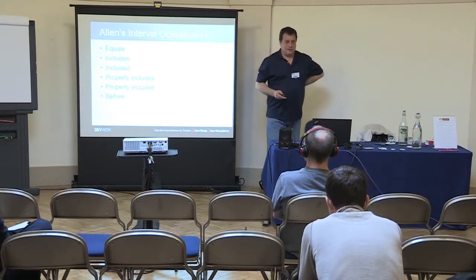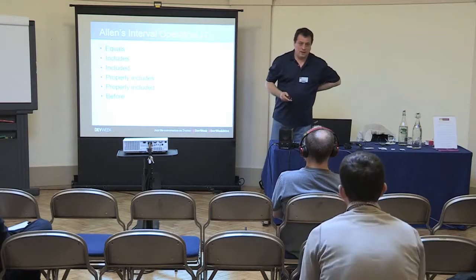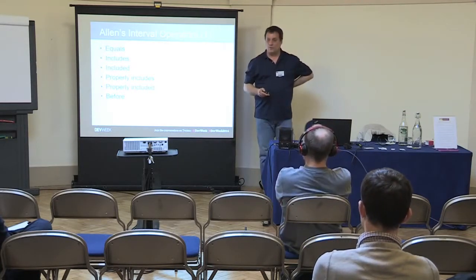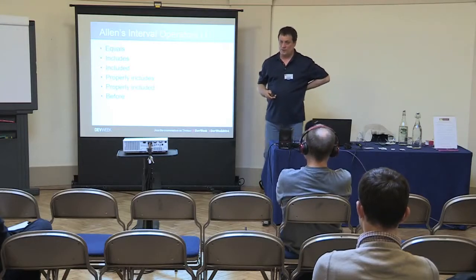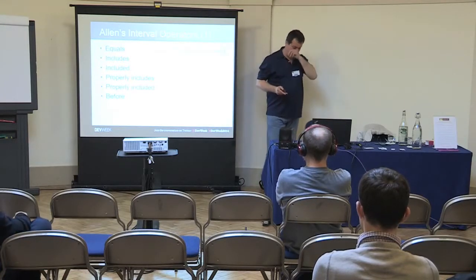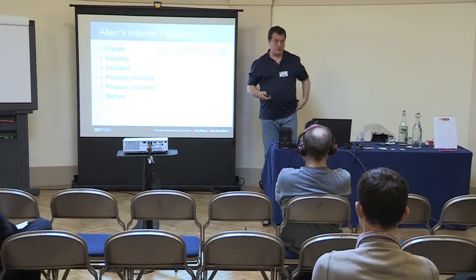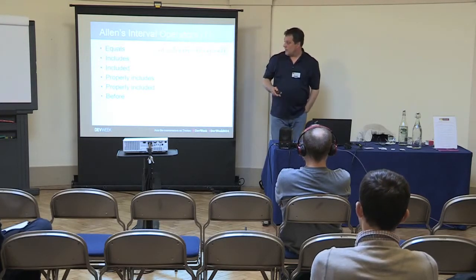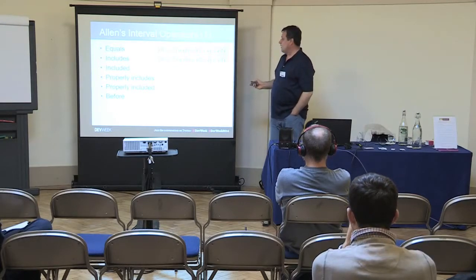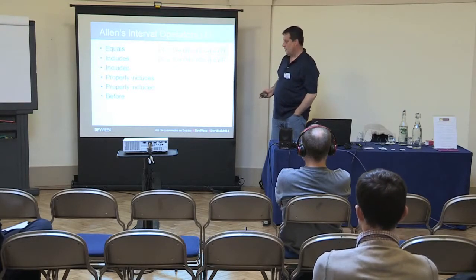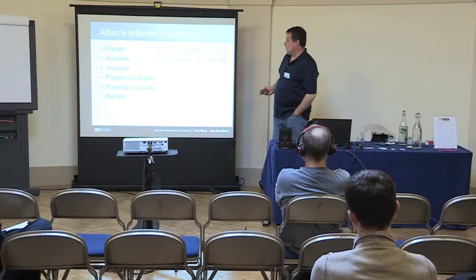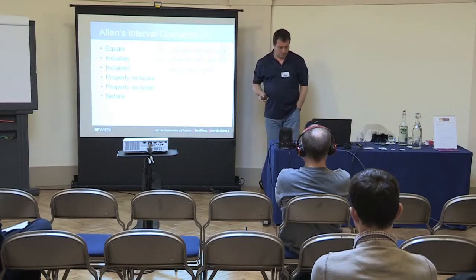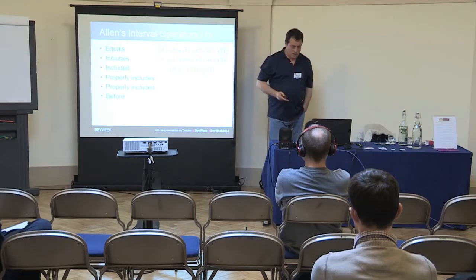Now this interval data type, as I said, James Allen already defined in 1983 what kind of operations would be useful for intervals. So, many Boolean operators, checking whether two intervals are equal, checking whether one interval includes another, and whether one is included in another, the opposite definition.